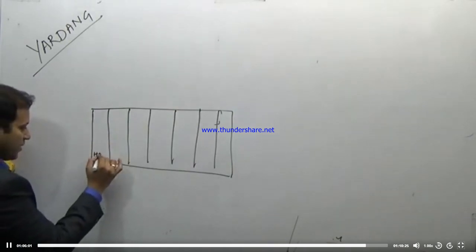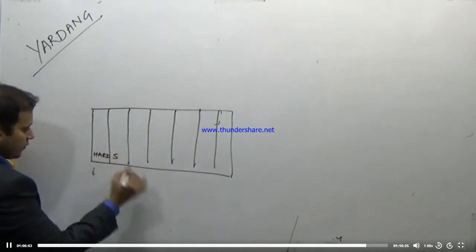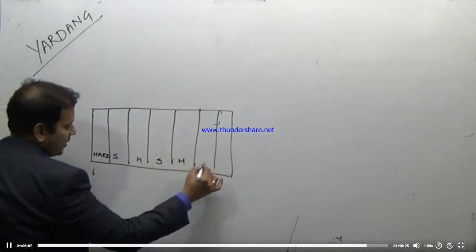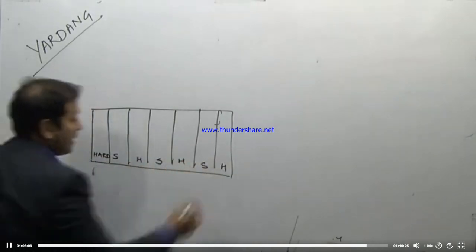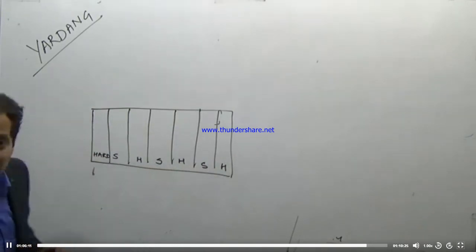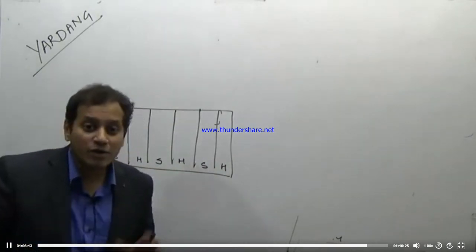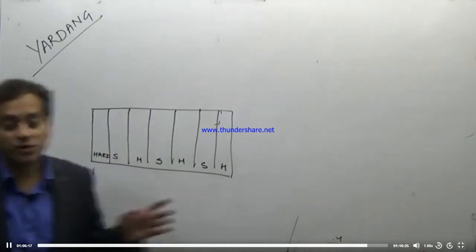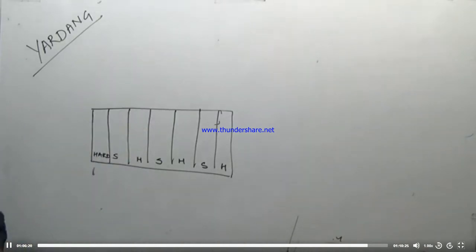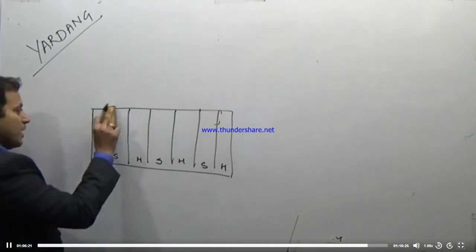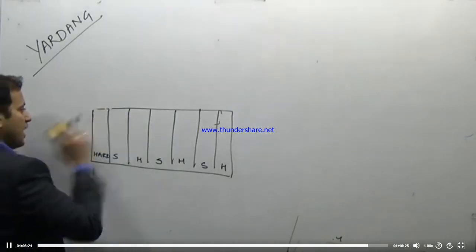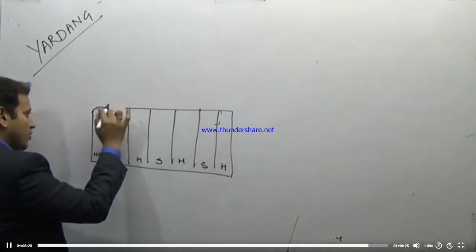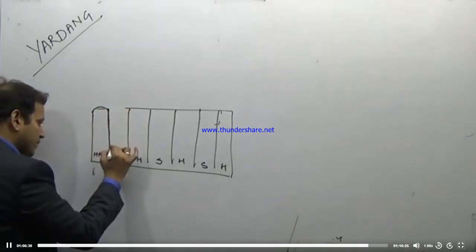This is hard rock, this is soft rock. As a result, which rock will be eroded much faster? The softer rocks will be eroded much faster as compared to the harder rocks. Obviously the harder rocks will also get eroded, but the softer rocks will get eroded much faster.